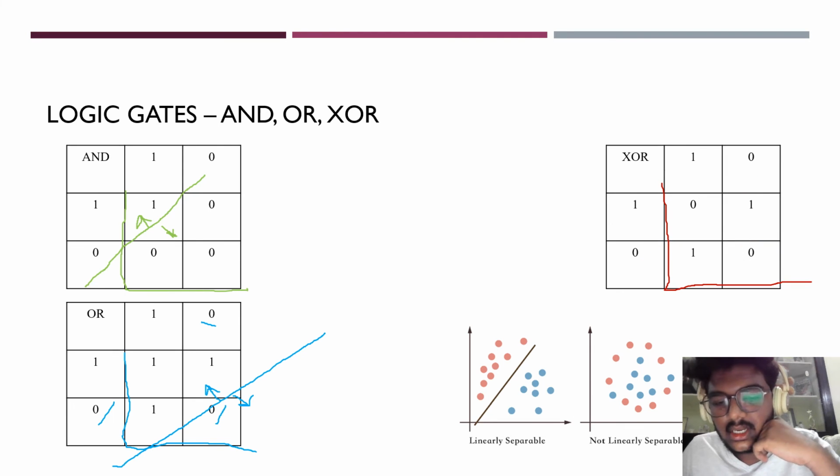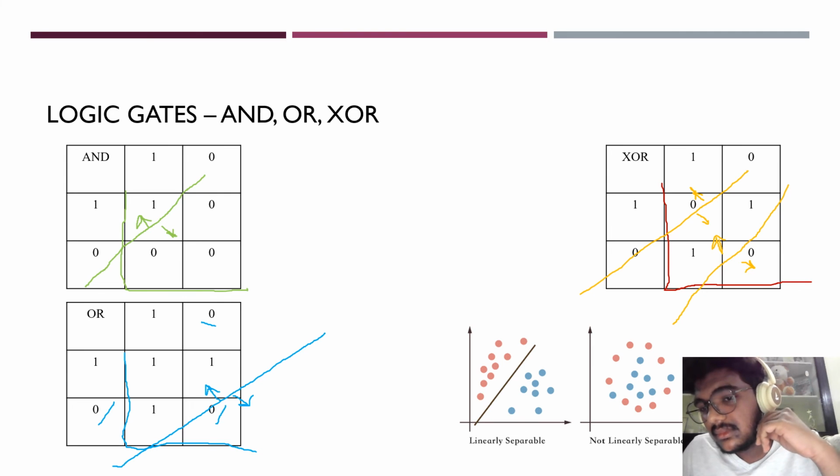This is why we introduce multi-layer perceptron. It can't be separated by just a single line. It requires one more line. We can draw this line and say that in between these two I have one kind of data, and other than that I have the other data. So this can be separated with two lines.